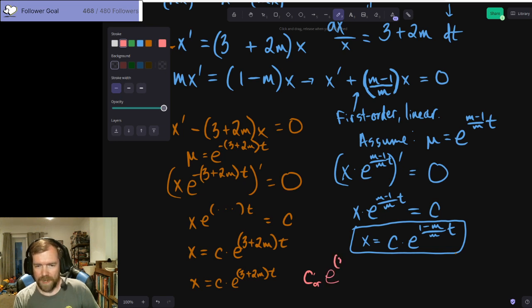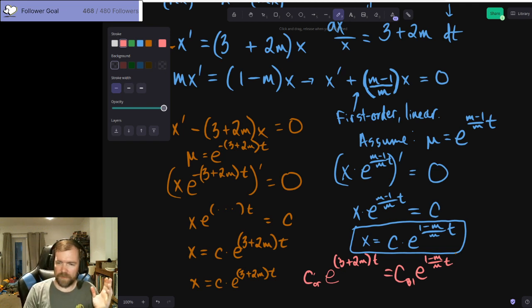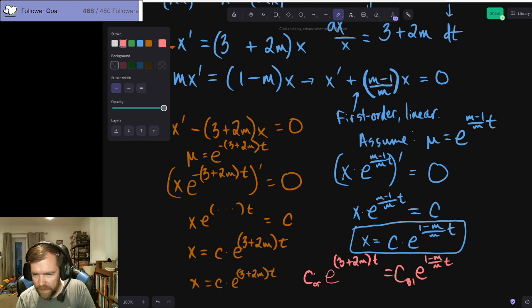So if we try it anyway, right? I mean, we should try it. In this particular case, I don't even know if we're just going to bring all the constants to one side and all of the e's to the other.